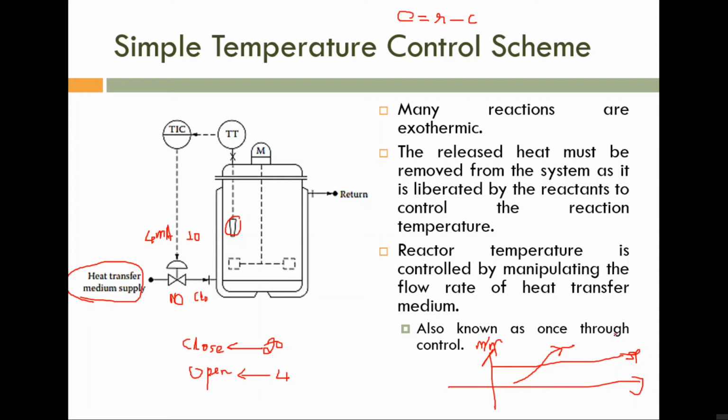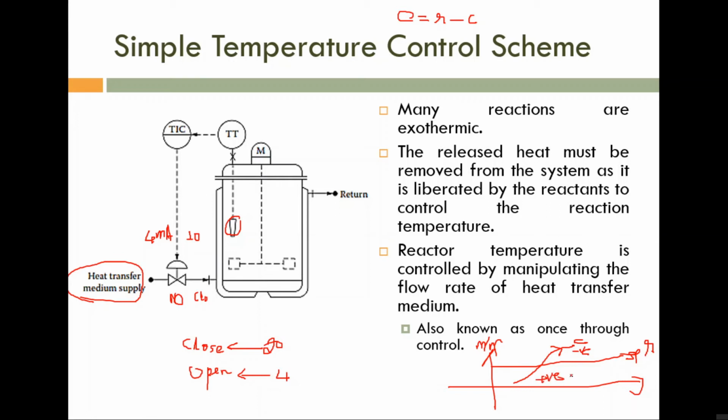This SP means reference, and this is C. On this side you can see that C is greater than R, meaning it is negative error. So always remember, if measurement is greater than the set point, error is negative, and if measurement is less than the set point, error is positive. So this side we have negative error and this side we have positive error.